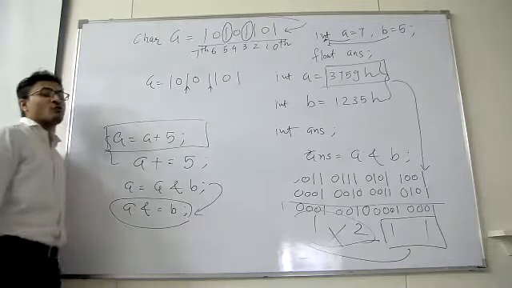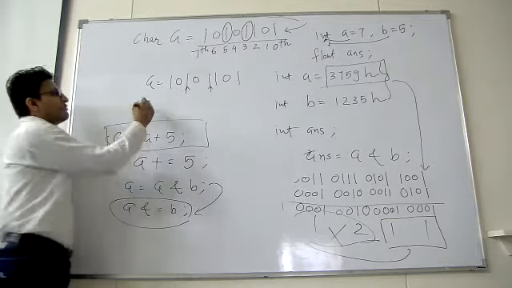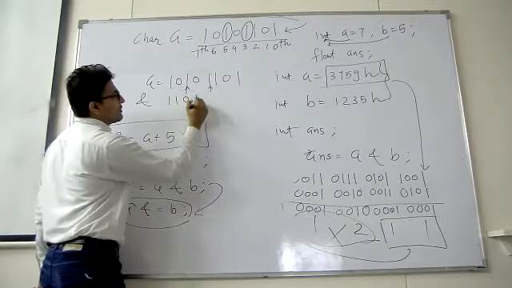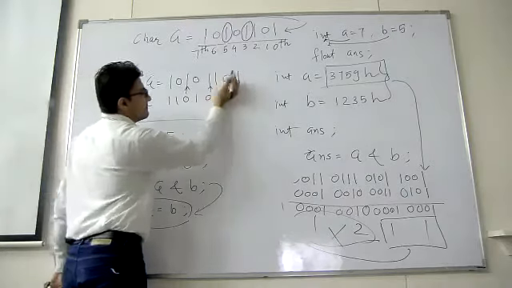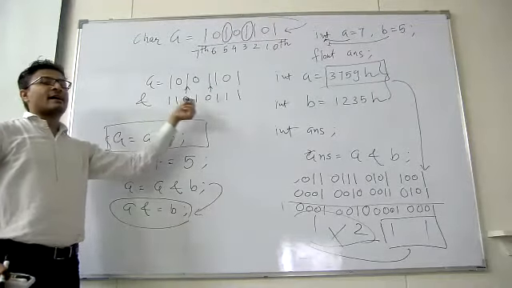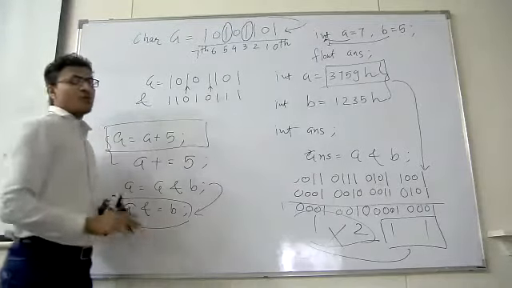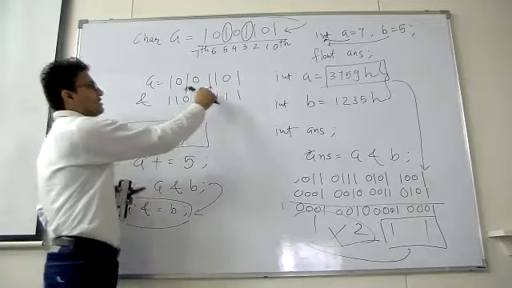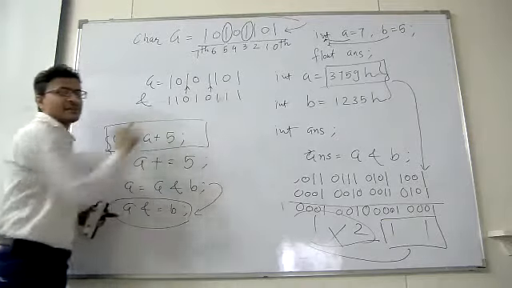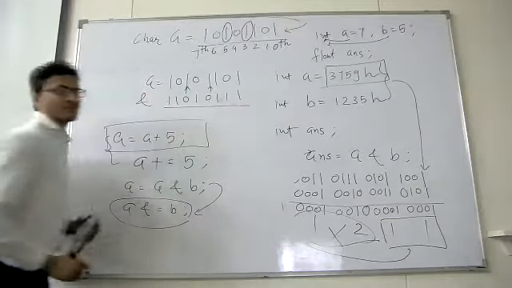So what will I do? I will do the AND operation with a mask. Where I want to clear, what will we put? 0, and 1 elsewhere. We will set 0 at position number 3 and 5, and all the remaining positions are 1, and then we will do the AND operation of these two.